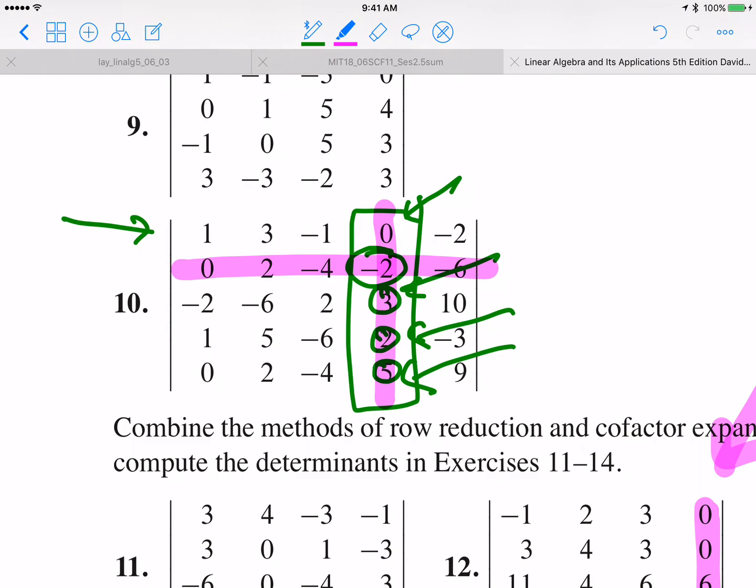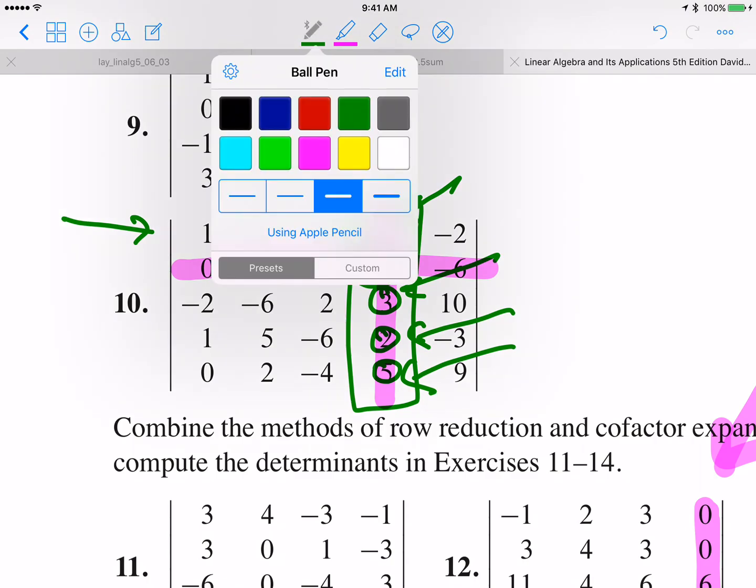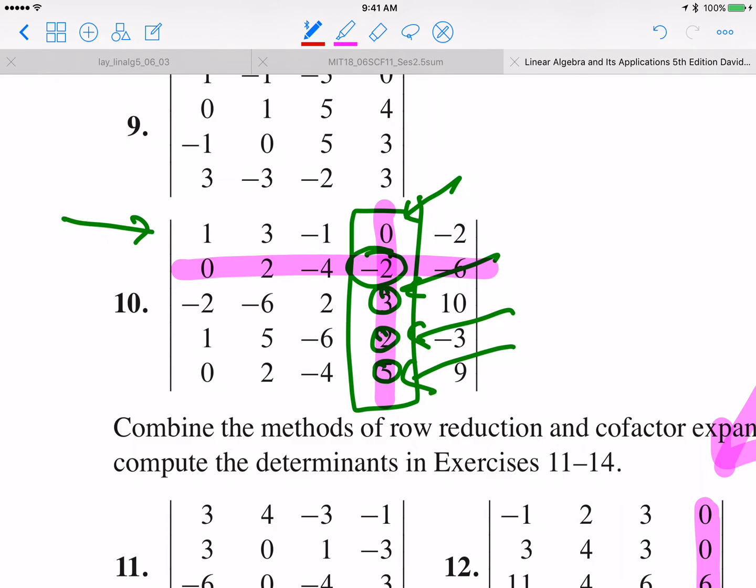Suppose you have another kind of pattern of zeros, like maybe 0 and 0 and maybe 0 here. So it has two non-zero entries in this column, right? In this case, it will have more non-zeros compared to the initial column that we chose, right?